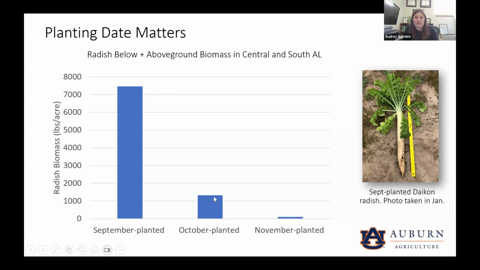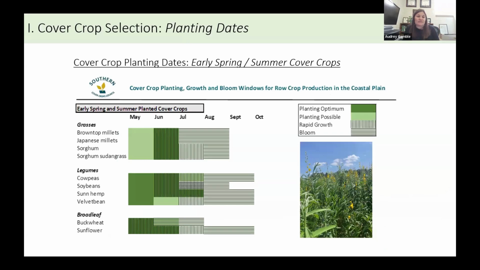And then once we delayed until mid-October, look how significantly that dropped. When we delayed into November, almost no biomass. So this is going to vary a little bit year to year, but in general, this is why we want to get in those ideal planting windows. Similarly, we have ideal planting windows for cover crops planted for early spring and summer, and then other charts for late summer.